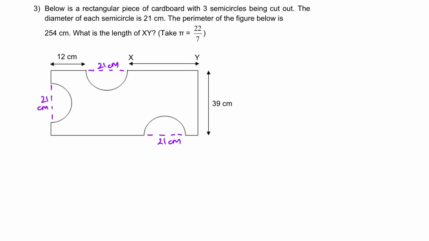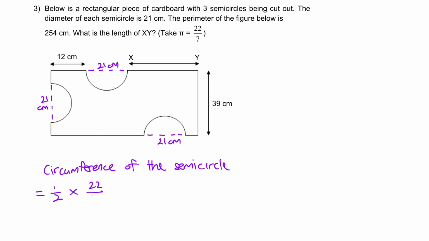Step 1. Let's figure out what is the circumference of this semicircle. That shall be the first step. After that, we analyze the figure again to get a clearer picture. So, circumference of the semicircle is equal to half times pi times the diameter.